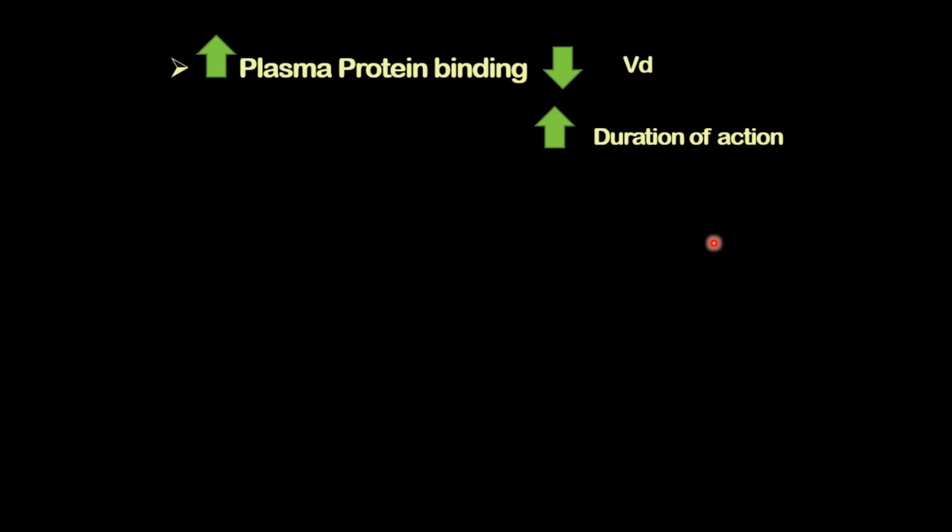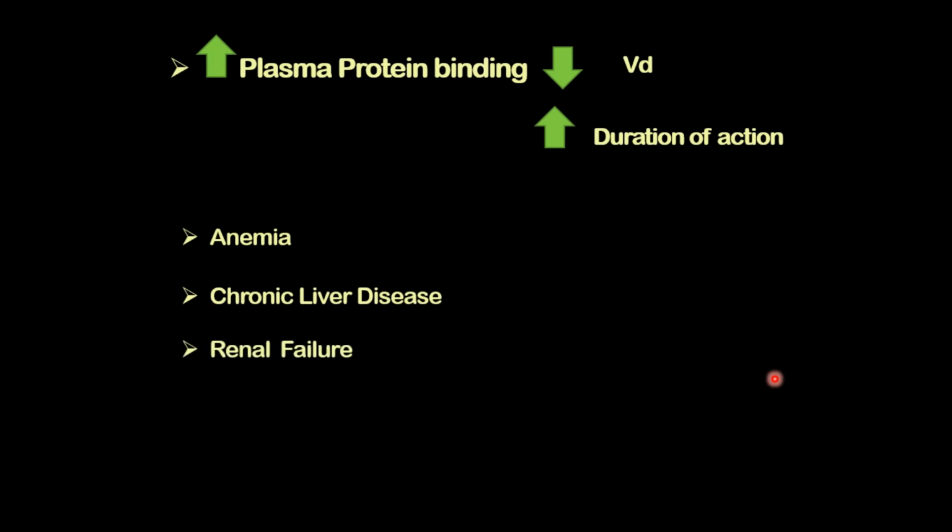Another clinical importance of plasma protein binding is that there are certain diseases or conditions which alter plasma protein levels, like anemia, chronic liver disease, CLD, that is cirrhosis of the liver, nephrotic syndrome, or renal failure. These are the clinical conditions in which you will find a deficiency of plasma proteins.